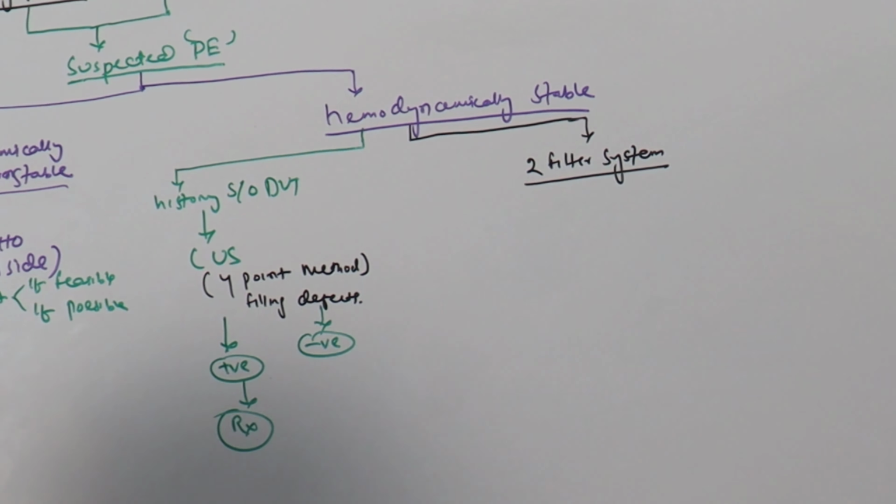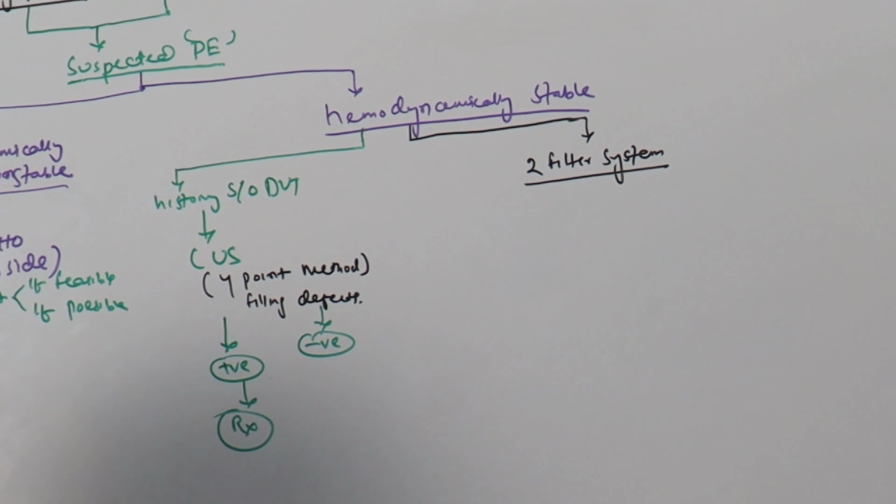And second is biomarkers. What are the biomarkers we have at our disposal? We have troponin I, we have NT-proBNP, and we can also have lactate.